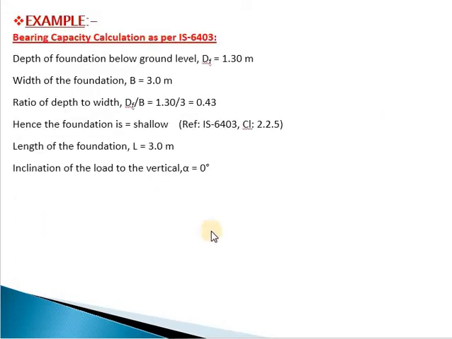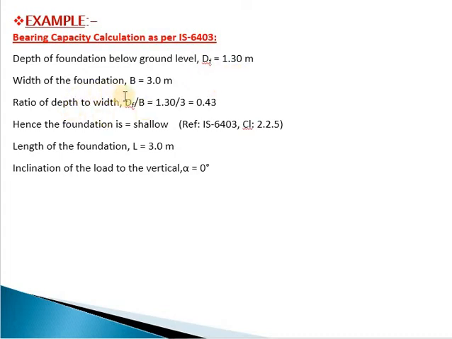Now a worked out example. This is an example considering the given data, and we will calculate the ultimate bearing capacity as well as the safe bearing capacity as per IS 6403. The depth of foundation below ground level, Df, is equal to 1.3 meter.